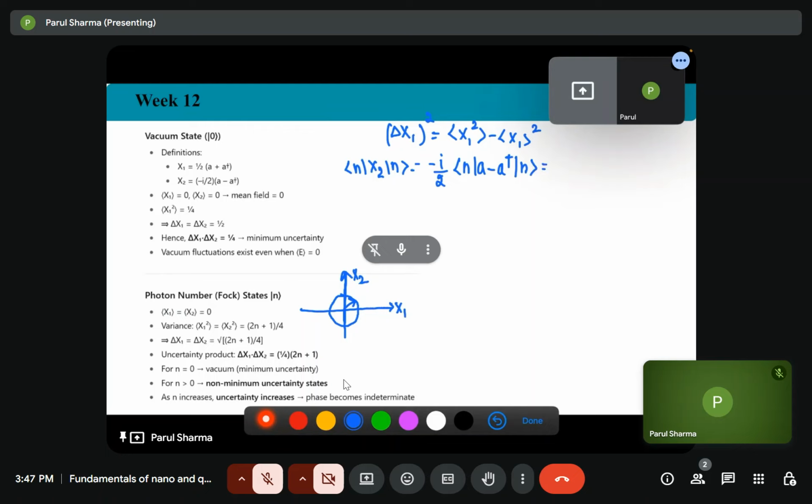And this will give us 0. So again the expectation value of x2 is 0. Now the expectation value of x2 square.